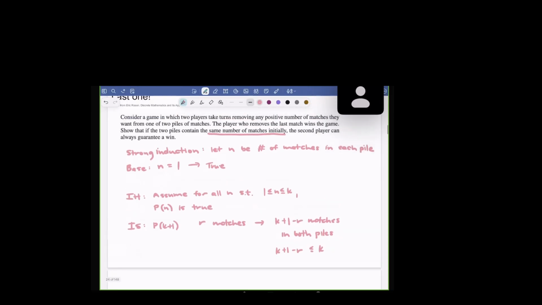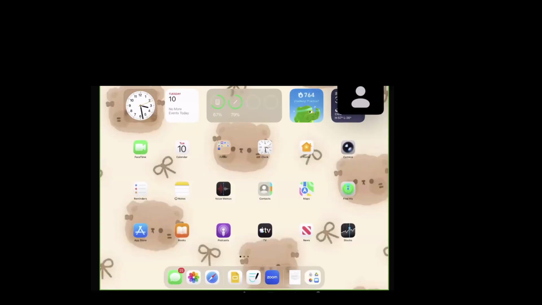And then we just conclude the proof: in the case that the first player takes all the matches in one pile, the second player could just take all the matches in the remaining pile, and this would also hold. Does that make sense? Any questions at all?